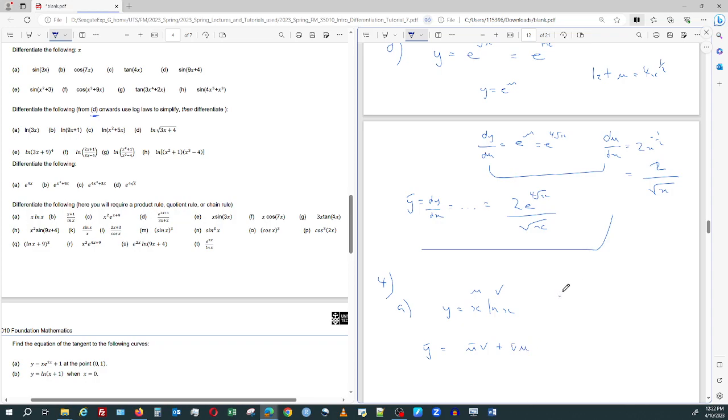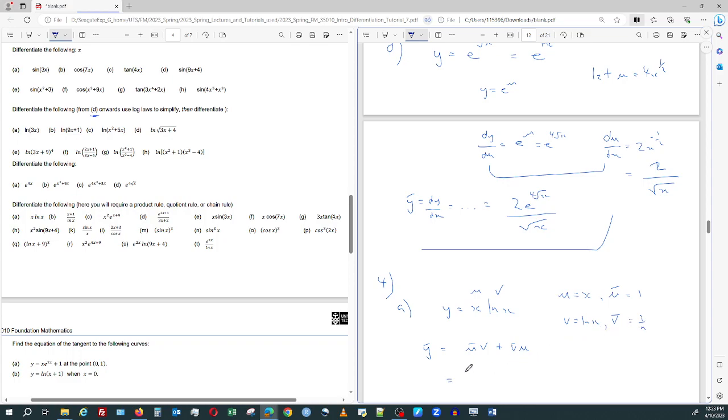So if u is x, u dash is equal to 1. If v is the ln of x, v dash is 1 over x.